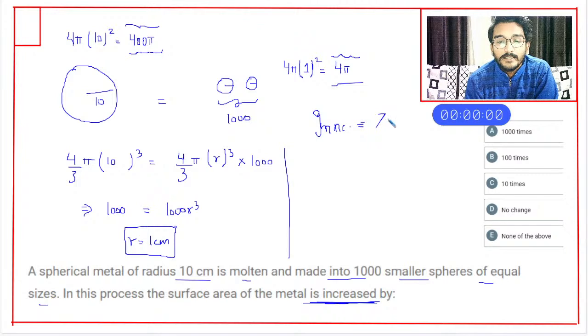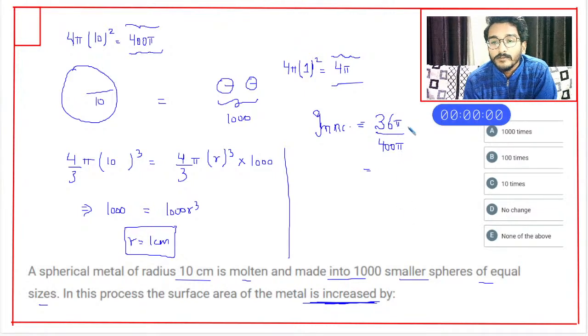The difference is 36 pi over how much? 400 pi. So for the surface area, it is increased by 36 pi, basically you can say.